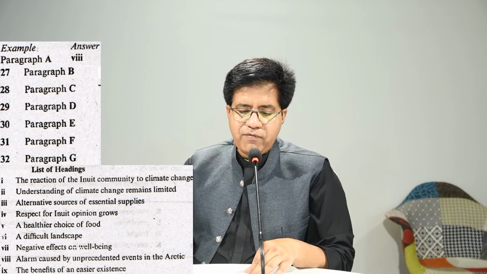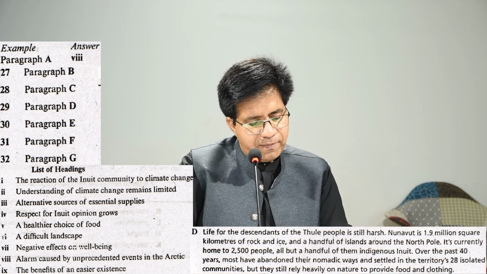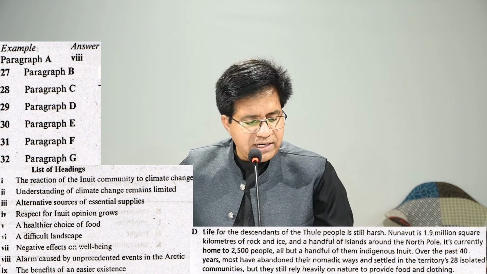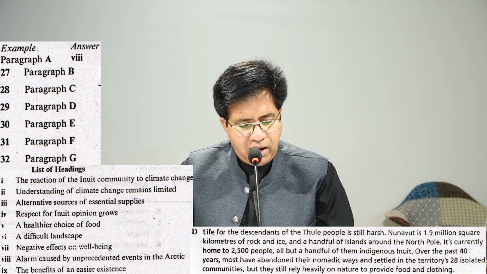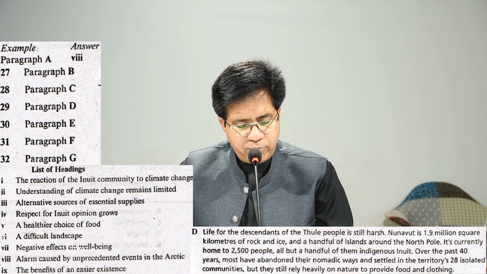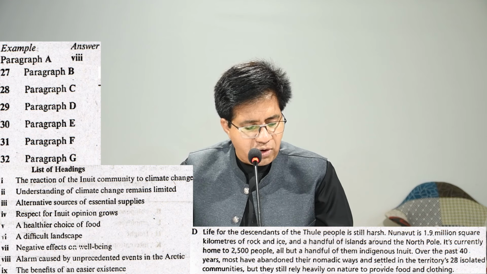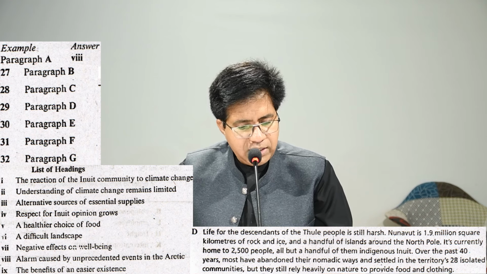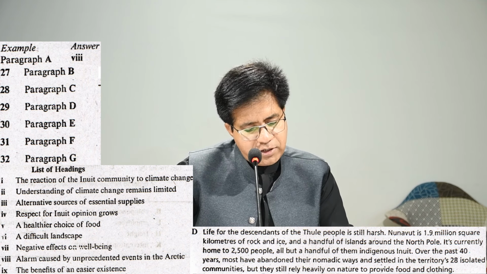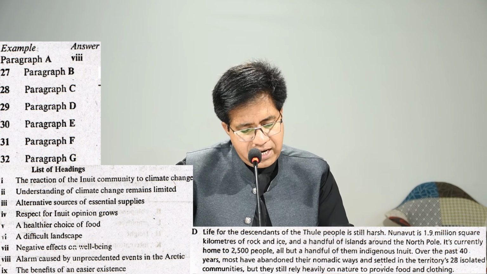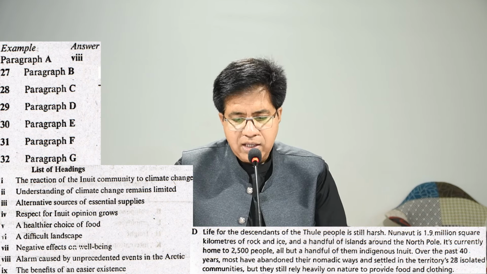Now, let's go on. We've got paragraph D for doctor. Life for the descendants of Thule people is still harsh. Nunavut is 1.9 million square kilometers of rock and ice and a handful of islands around the North Pole. It's currently home to 2,500 people, a handful of them indigenous Inuit, over the past 40 years. We've read it already.